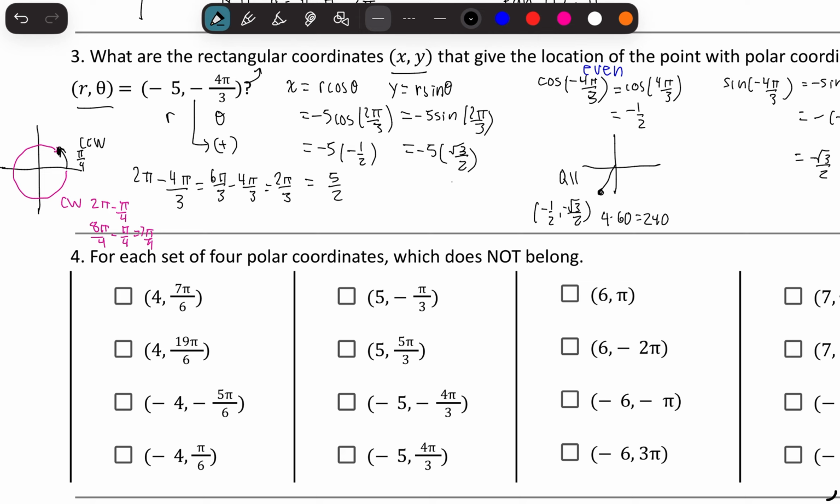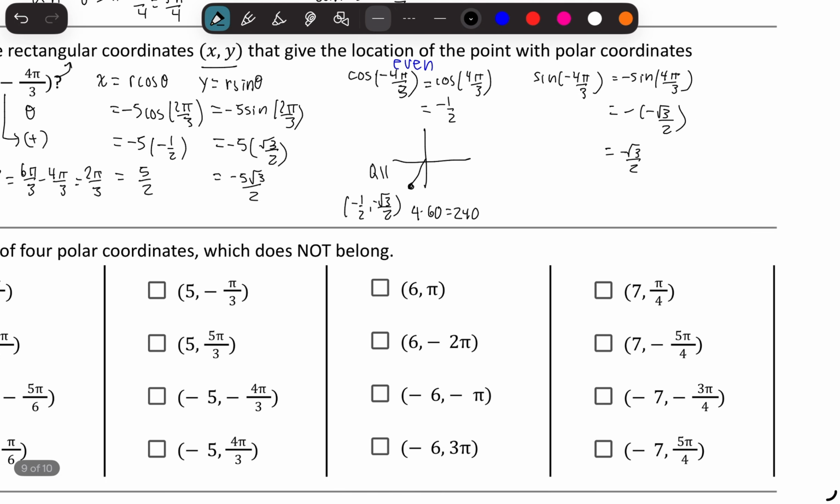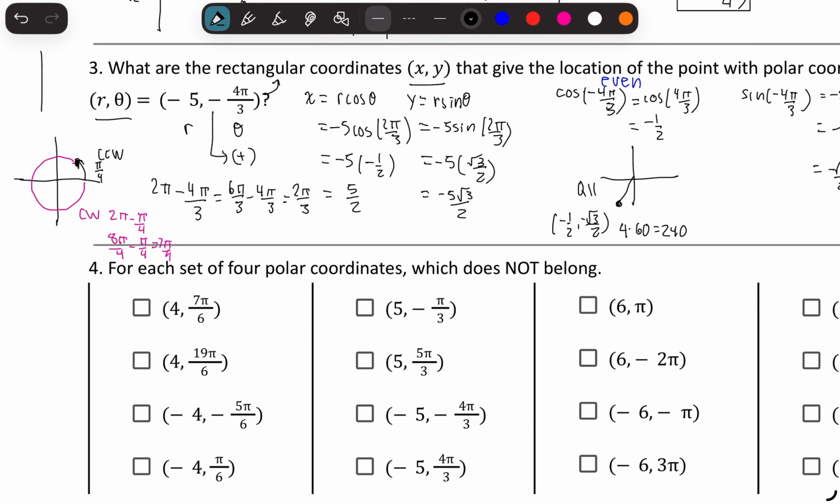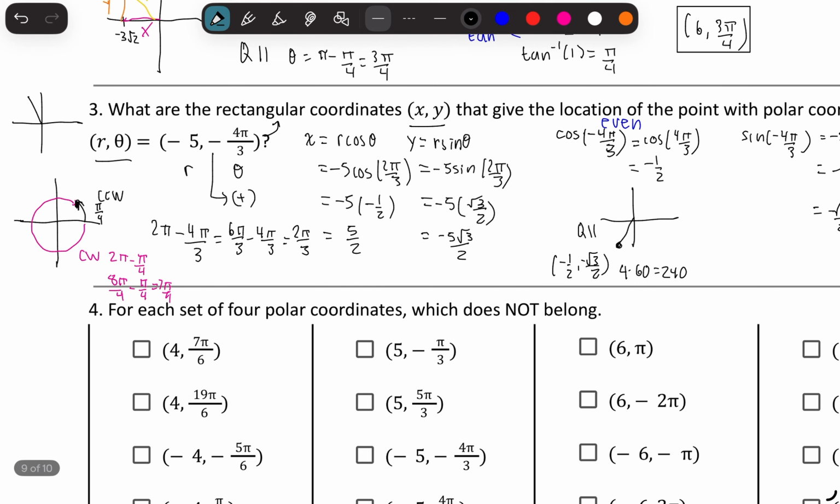This is 5 over 2, and this is -5 root 3 over 2. Just to draw it out, 2 pi over 3, right there, that is over 3, so that's going to be 60 degrees.